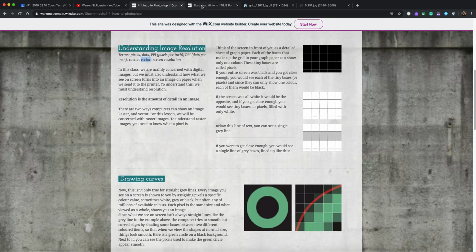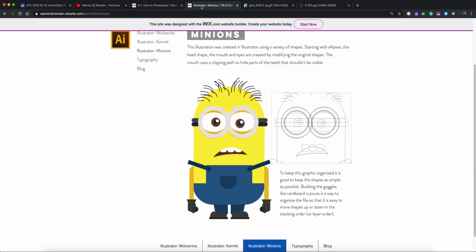What you'll notice is oftentimes images like this have been made in a vector program and then have been saved as JPEGs. Now JPEG is a raster. If you remember, when we were using Illustrator, we were outputting our files into either PNG or JPEG formats. That's because PNG and JPEG are raster images, whereas an Illustrator file, a .ai, is a vector image, and a vector image won't display on the internet.